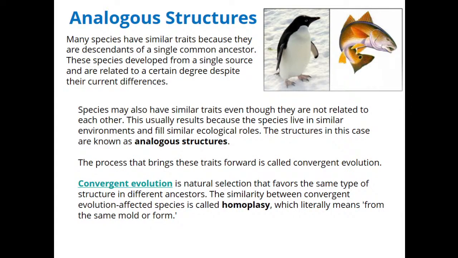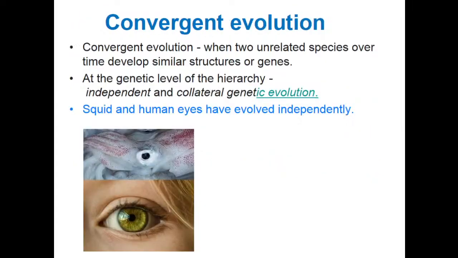And this may happen in three different ways. Convergent evolution: in this case we speak about evolution when two unrelated species of a type develop similar structures or genes.